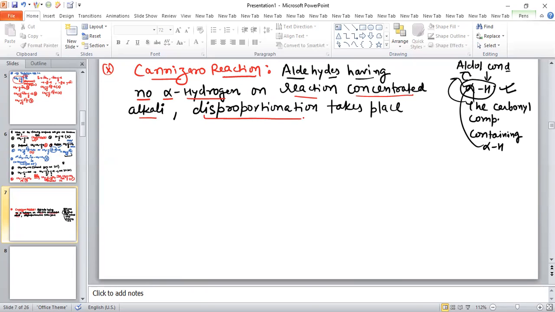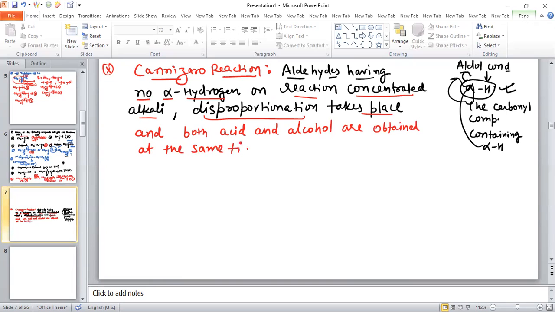After the reaction, disproportionation takes place, and both acid and alcohol are obtained as products at the same time.